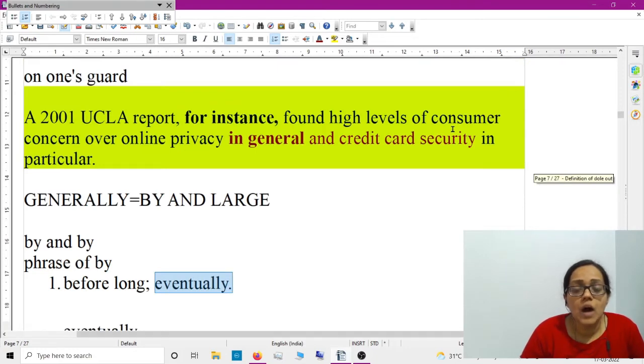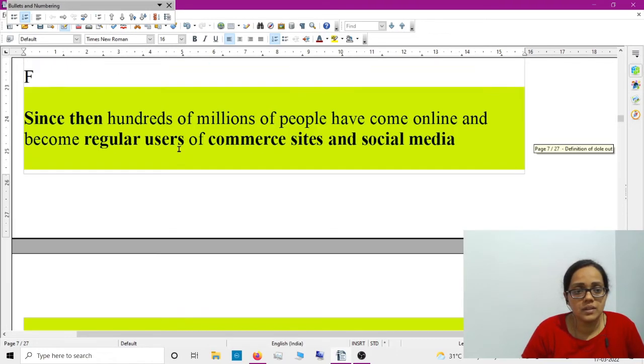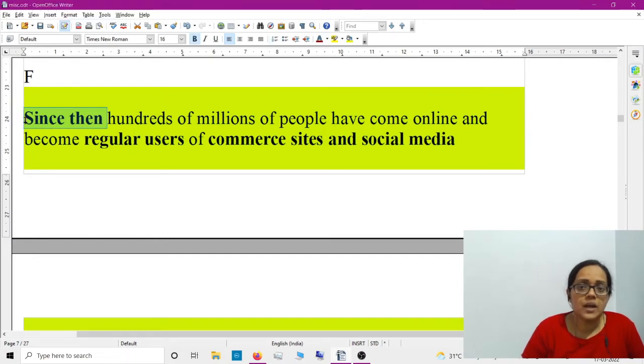Found high levels of consumer concern over online privacy in general and credit card security in particular. Since then, hundreds of millions of people have come online. Since then means nowadays, and become regular users of commerce sites and social media.